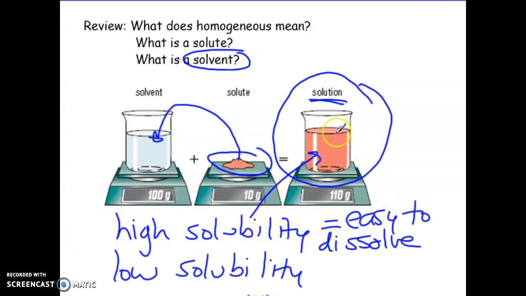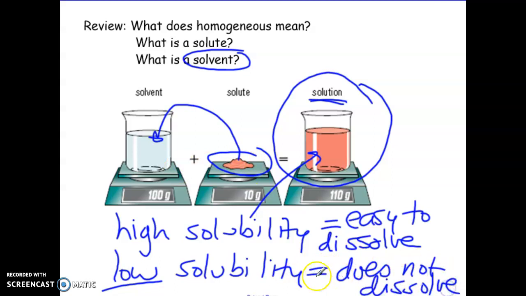It's very easy to dissolve and mix. Something that has low solubility essentially cannot dissolve, or it does dissolve, but in very, very small amounts. For example, oil and vinegar would have low solubility with each other. They don't really mix very well.